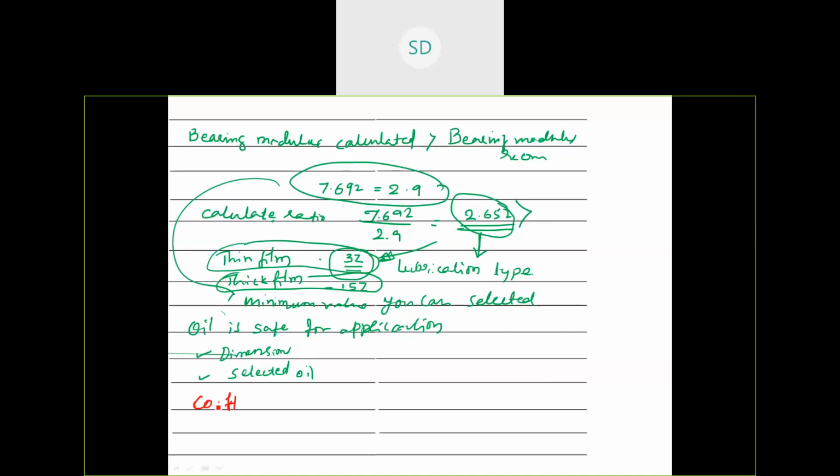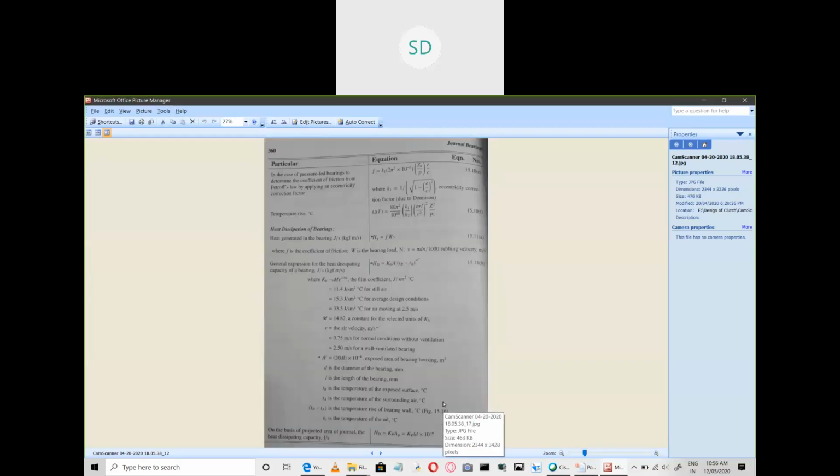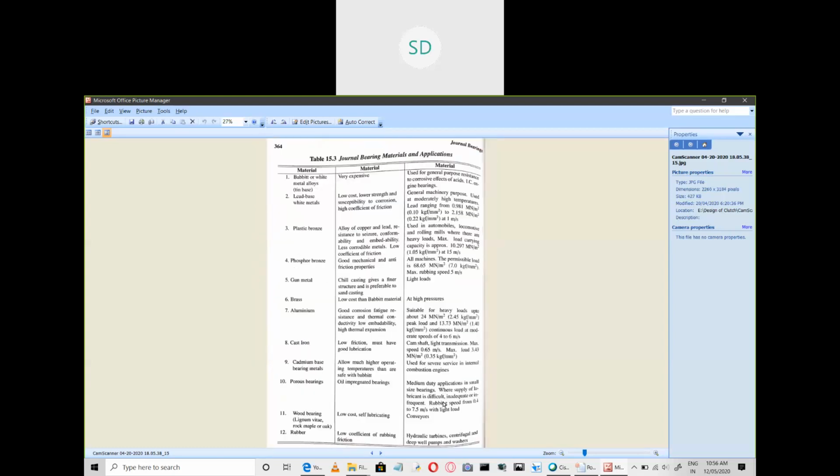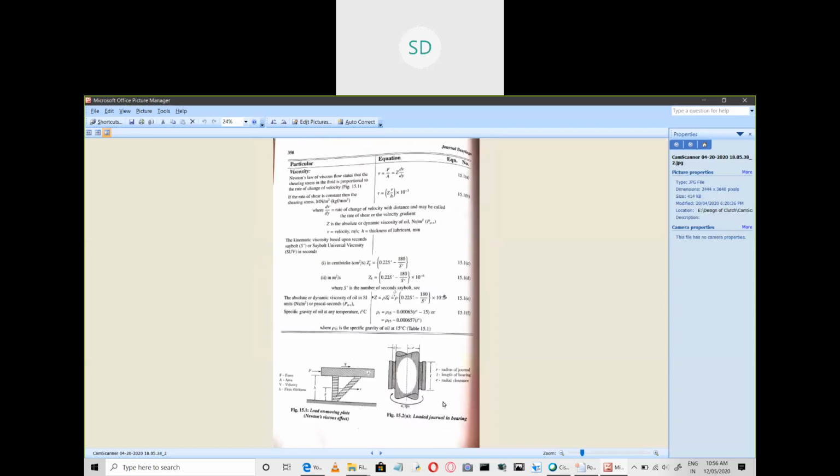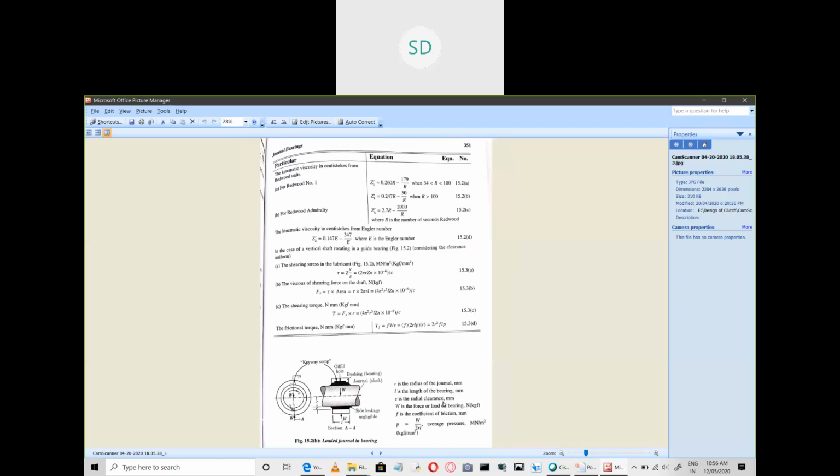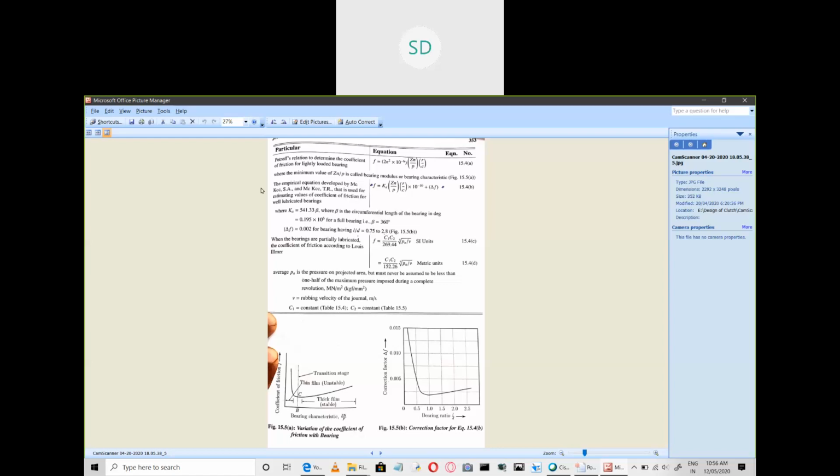Now let us go for calculation of the coefficient of friction, F. To calculate it, we go to the data handbook and notify the equation.